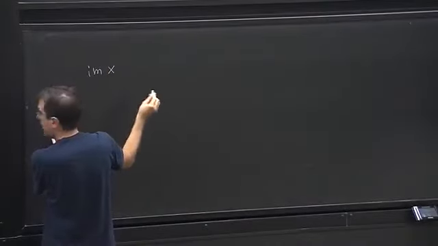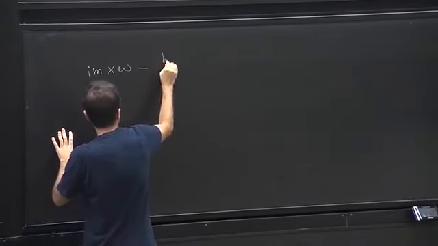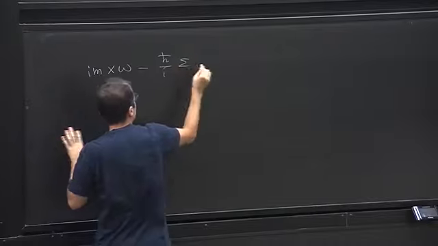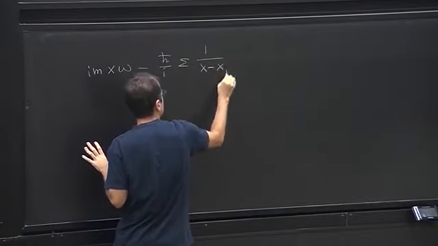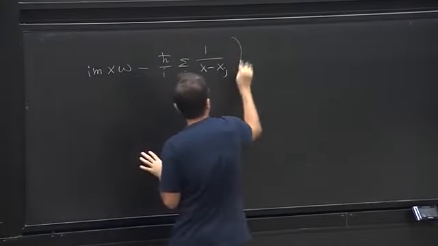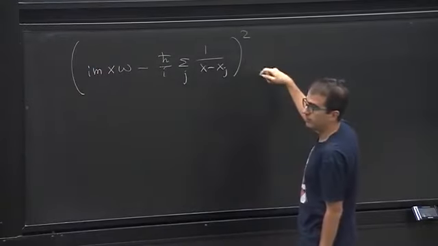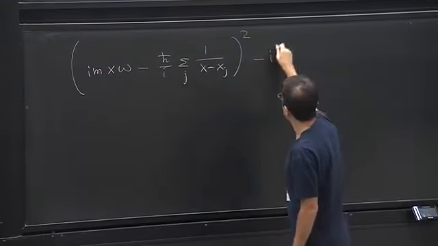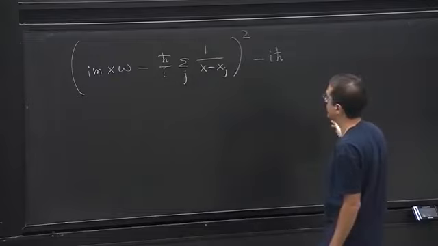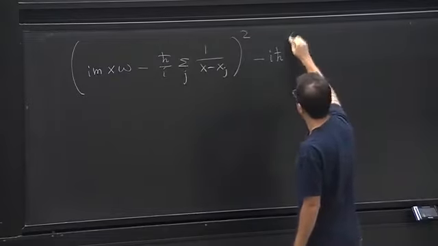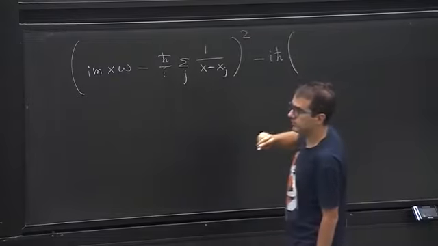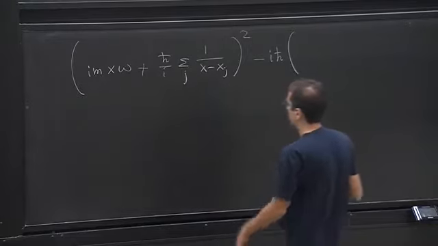I am omega x minus h bar over I, sum over j of 1 over x minus xj. I want to square this term. Let me write the p prime right away. Plus I h bar P prime. P prime is what? Sorry, why did I put a minus? No minus. Plus.